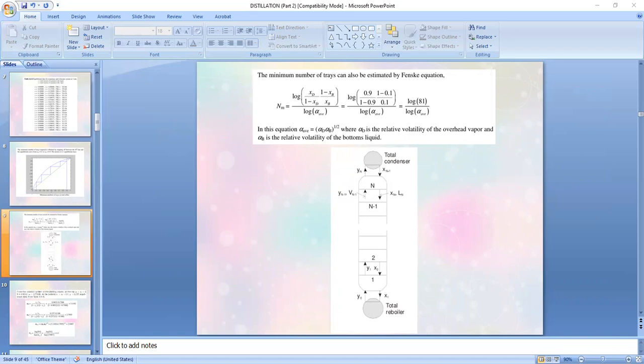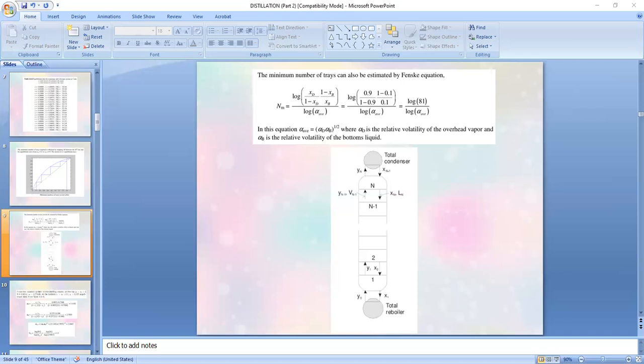Now the question is, how do you get this geometric mean of the average volatilities of the overhead vapor and that of the bottom's liquid? So you have here alpha D and alpha B. I hope you can see that.